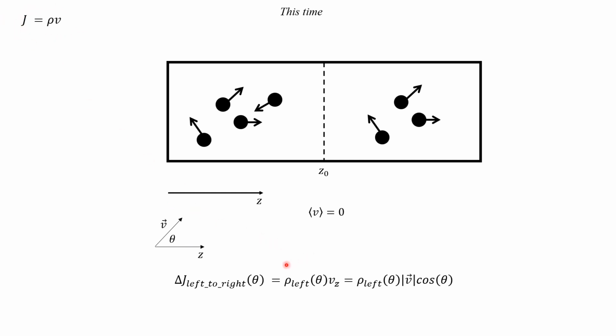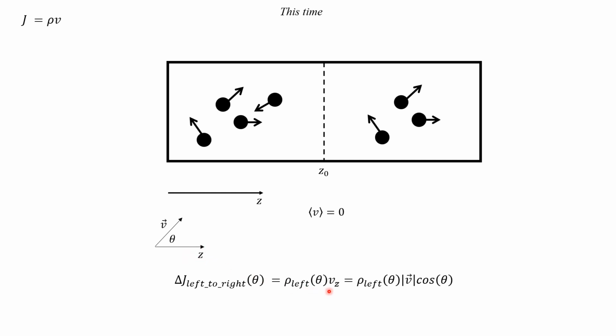And this is exactly what is done here. This term is the current of particles from the left box to the right box. So it's the contribution of the left box to the current at z0. We are using this expression, but for the concentration of particles, we are using the concentration of particles in the left box, but using only the group of particles traveling with an angle theta with respect to the horizontal, with respect to the z-axis.